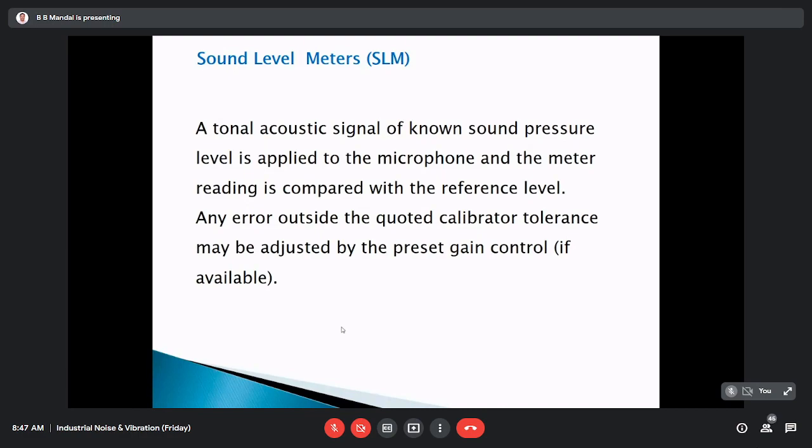Not only that, how to calibrate the instrument, because when your machine is showing 93 dB or 93.7 dB, what is the confidence that it is a correct display? That error, the internal circuitry error, has to be compensated by calibration.